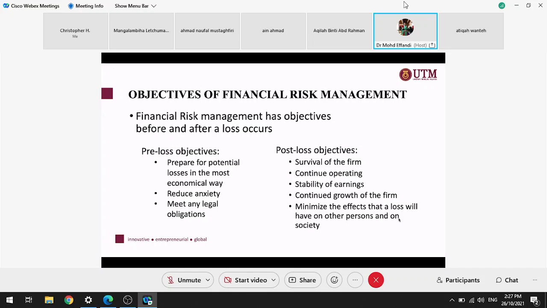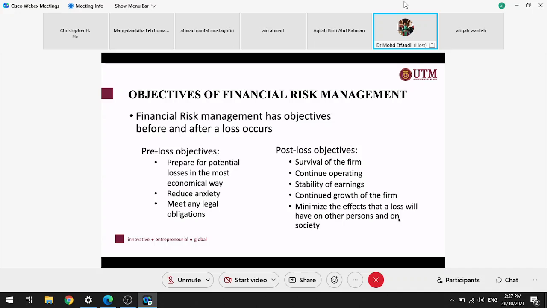So the objective of financial risk management. Financial risk management has objectives before and after loss occurs. Pre-loss objective: basically, by having financial risk management, we can prepare for potential loss in the most economical way.